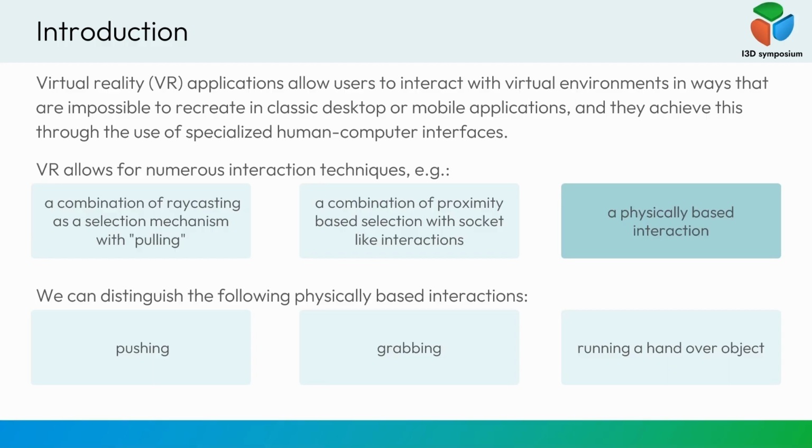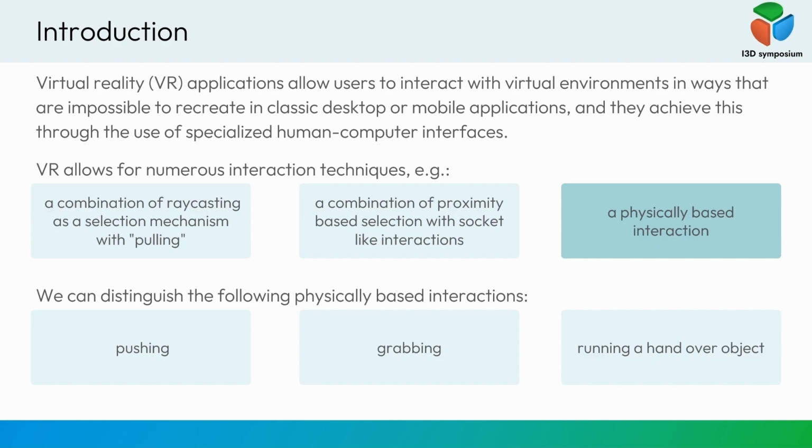How do those three interactions differ from one another? In the first two, the object on which the interaction is performed is perceived as movable, so it's either small or its mass cannot be too big.